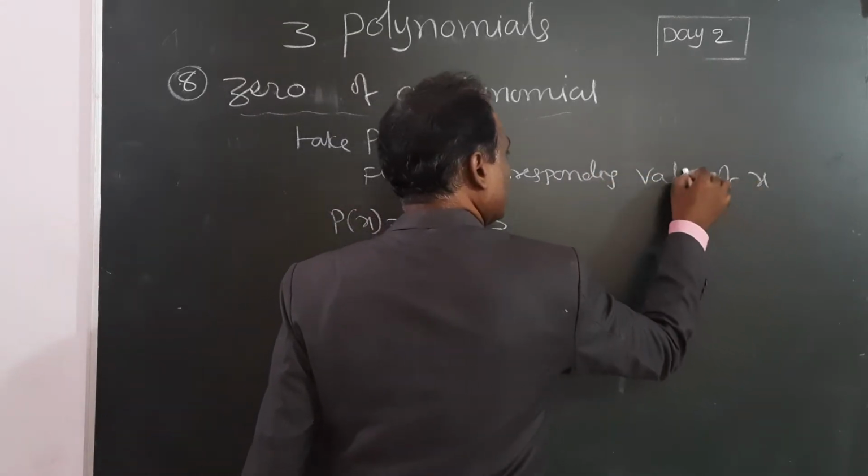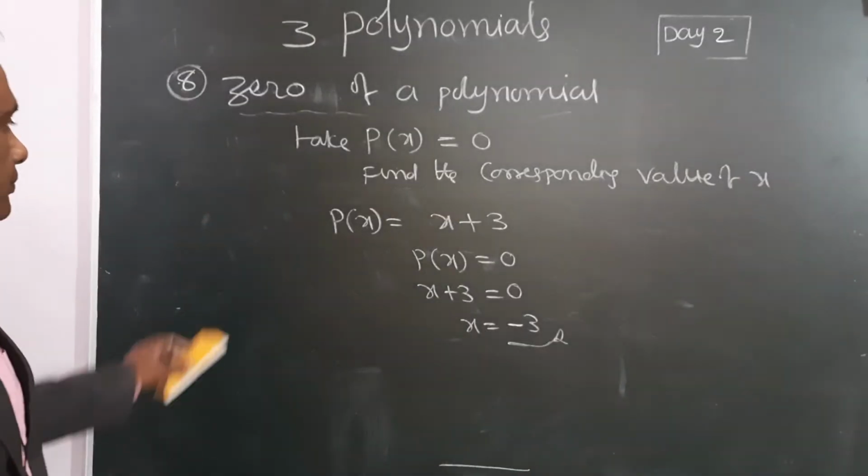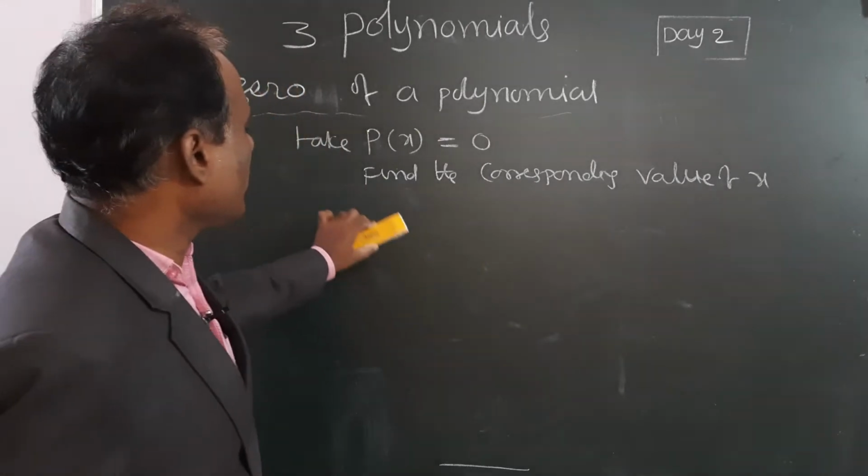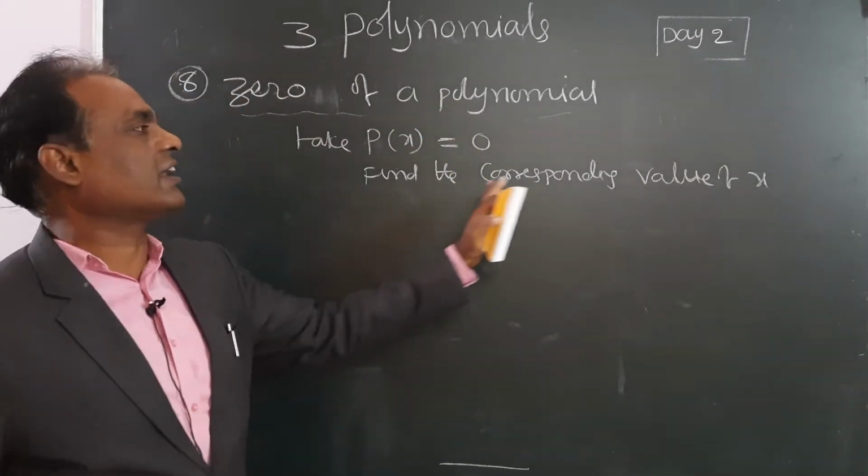So zero of a polynomial means equate that polynomial to 0, solve it and find the corresponding value of x.